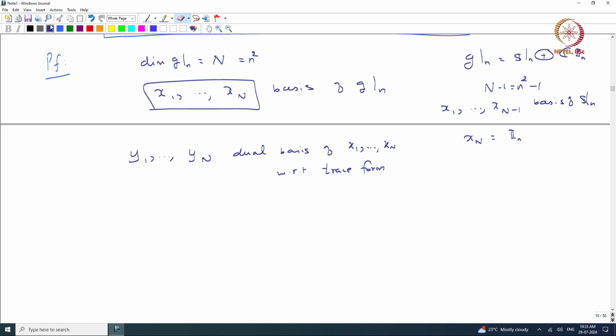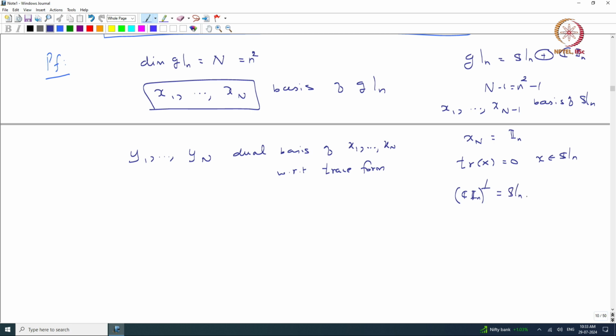Now it is not hard to see that the trace of any x in SLN is 0. So, if I take this identity matrix and look at the orthogonal complement with respect to the trace form, that is going to be SLN.